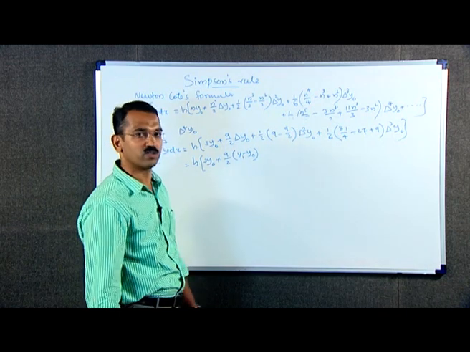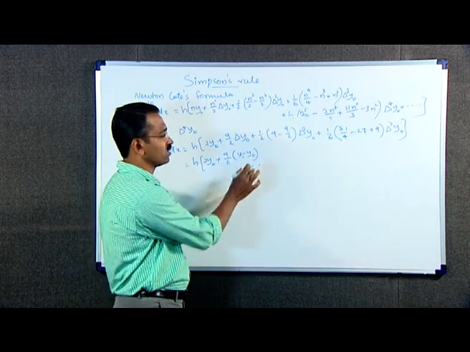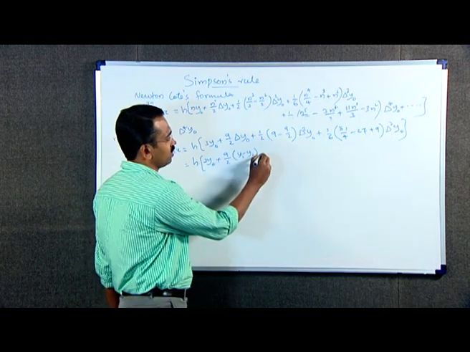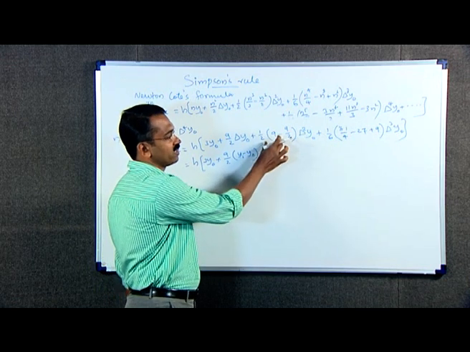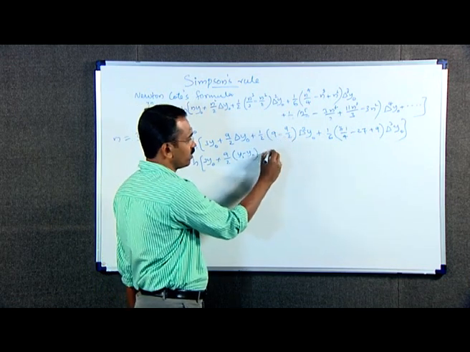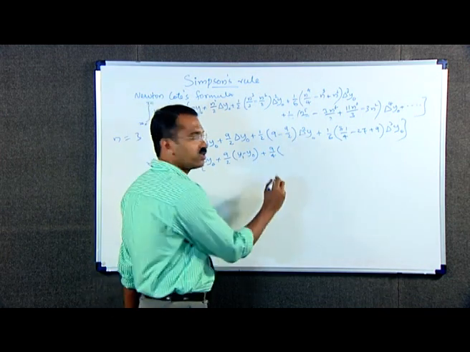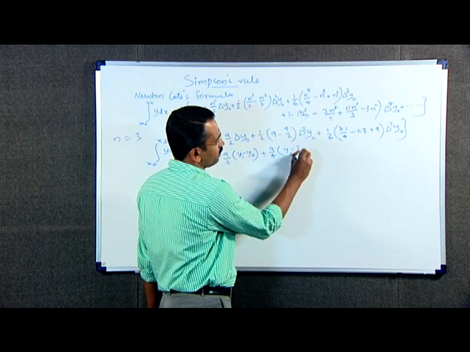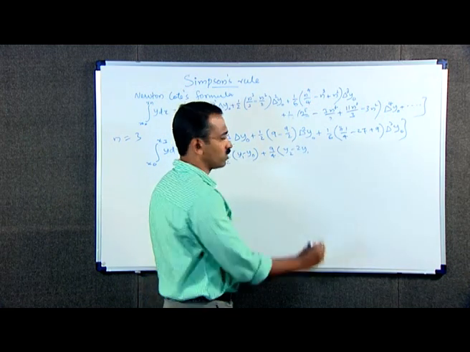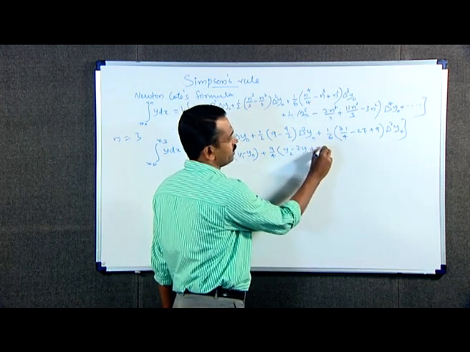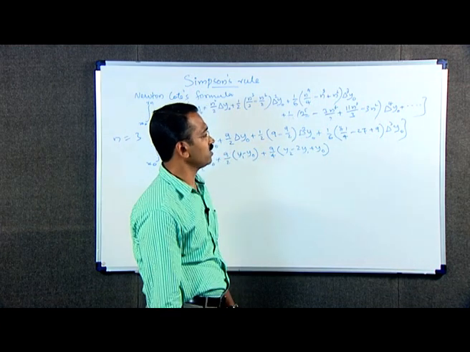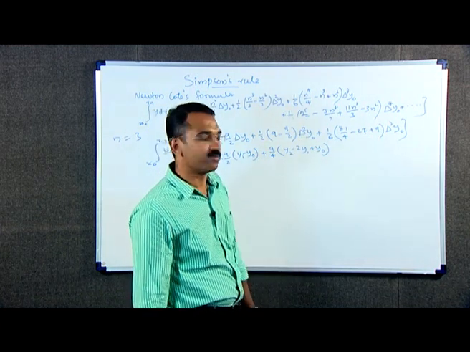Delta is the forward difference operator, therefore delta y naught is y1 minus y naught. Plus, on simplification we get 9 by 4 into delta square y naught, which is y2 minus 2 y1 plus y naught. Delta square y naught means the second forward difference.